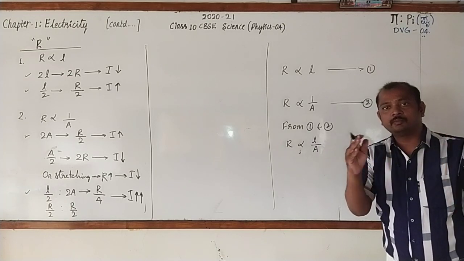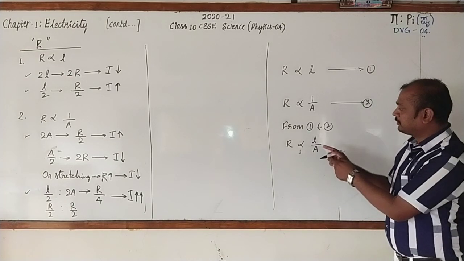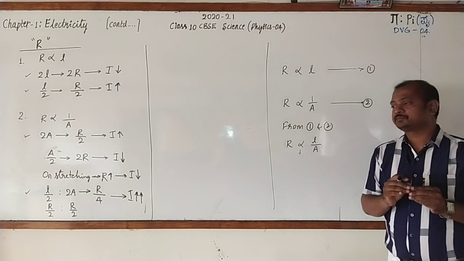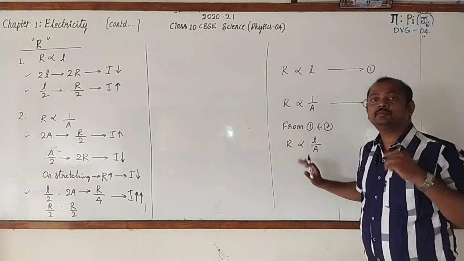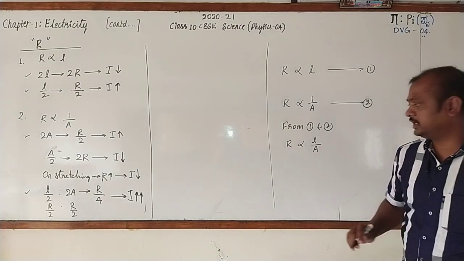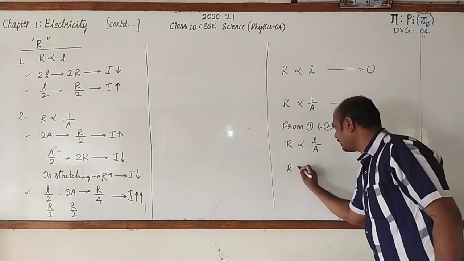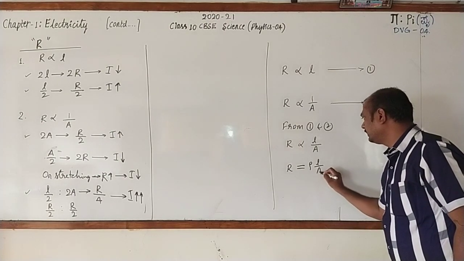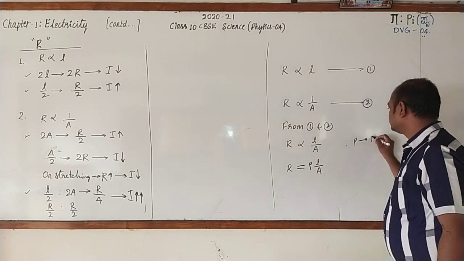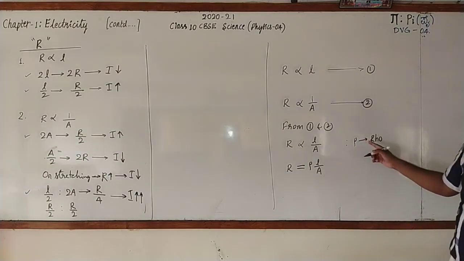Let us go for removing the proportional. Means I am going to place equal sign. To remove this proportional, we have to assume the proportionality constant. Okay. R is equal to rho into L by A. That is rho. Can be written as like this.